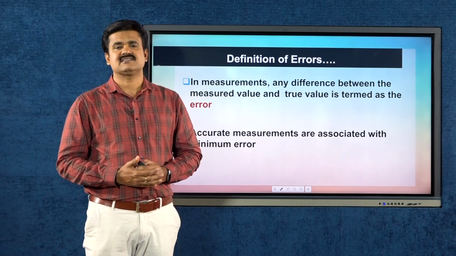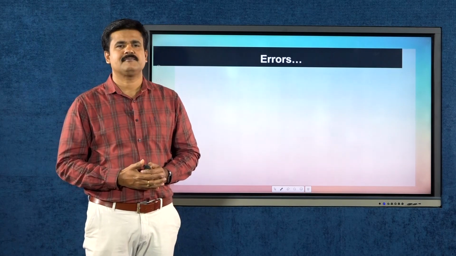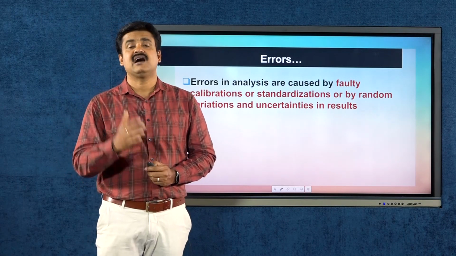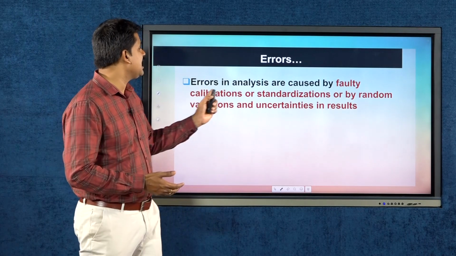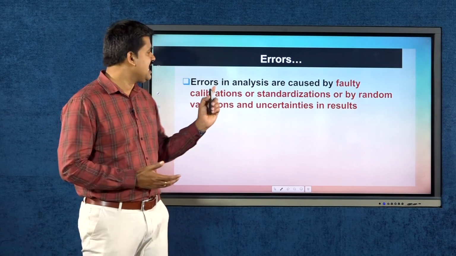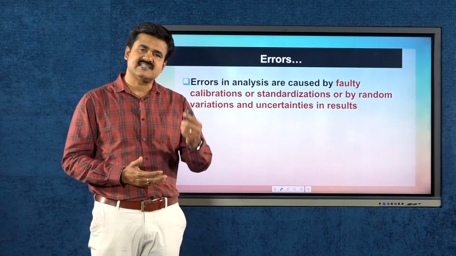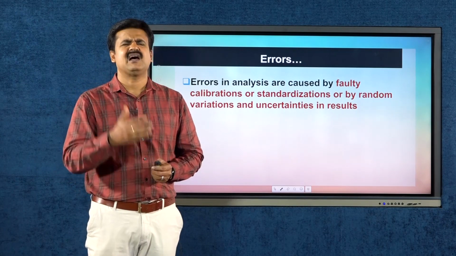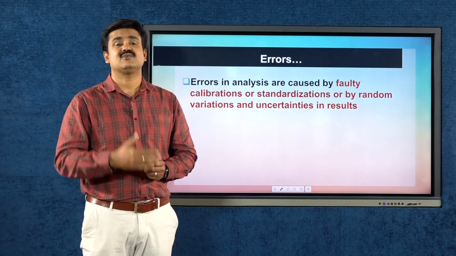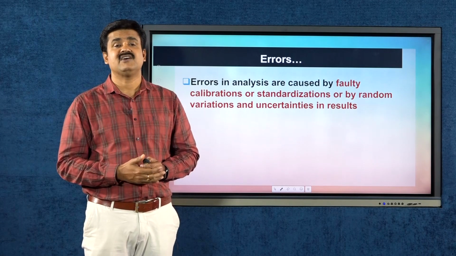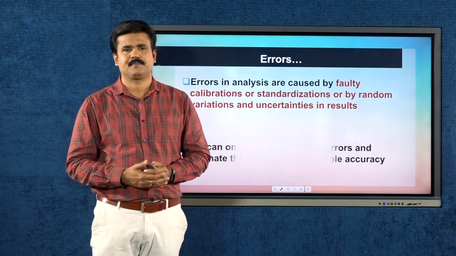Accurate measurements are associated with the minimum error, and errors in analysis are caused by faulty calibrations or standardizations or by random variations and uncertainties in results. These parameters are generally the cause of errors that may occur during a quantitative analytical measurement.